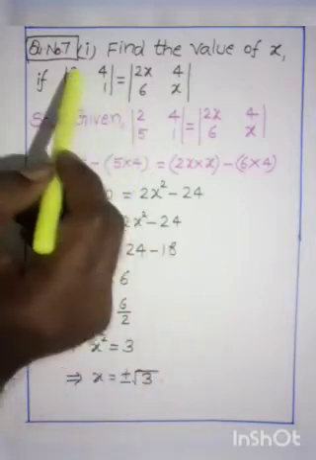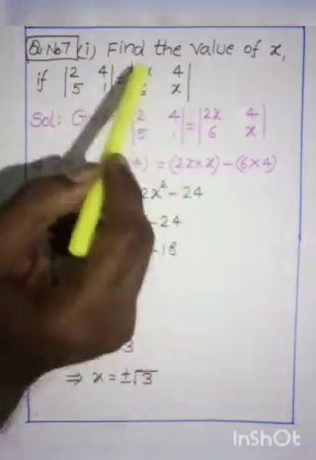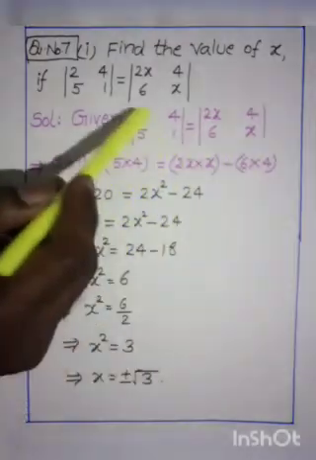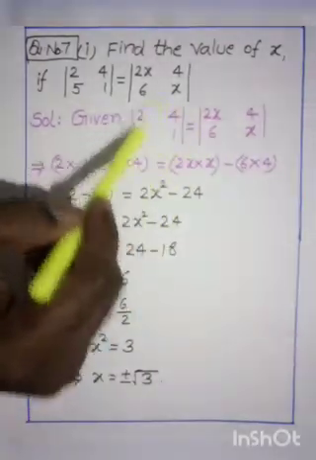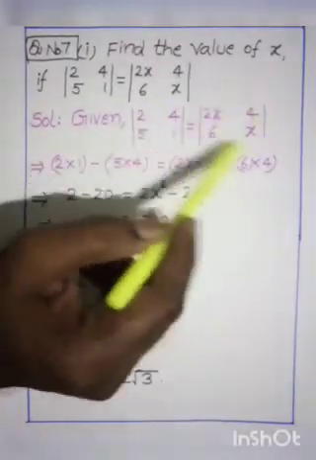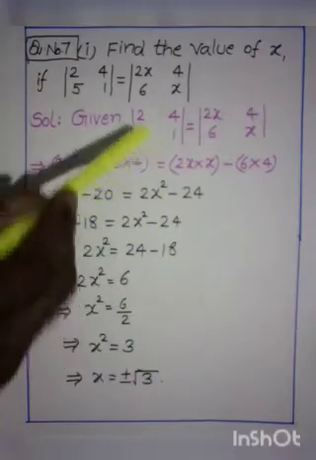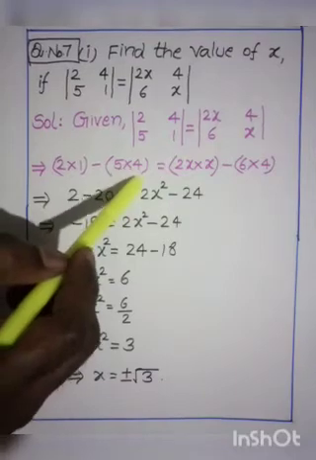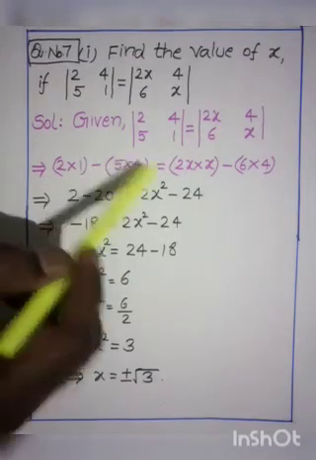Given that determinant 2, 4, 5, 1 is equal to determinant 2x, 4, 6, x. You know this is a second order matrix. This is also a matrix of order 2. So 2 into 1 minus 5 into 4. Understood these two terms? Right.